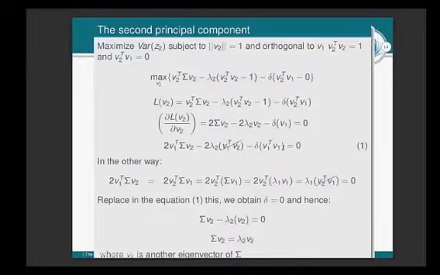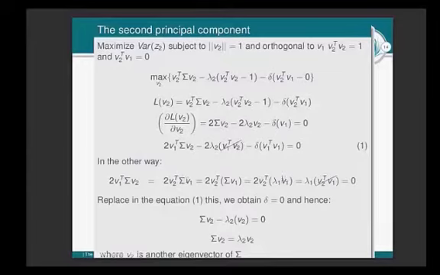Note, this factor is equal to 0 and this factor is equal to 1 because B1 is a unitary vector too. In the other way, 2 B1 transpose sigma B2 is equal to 2 B2 transpose sigma B1 equal to 0.